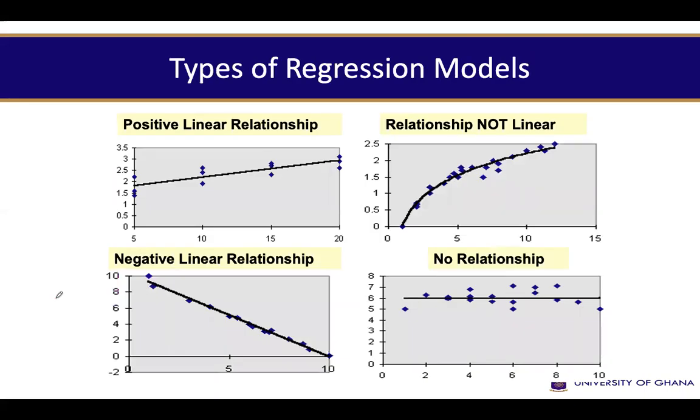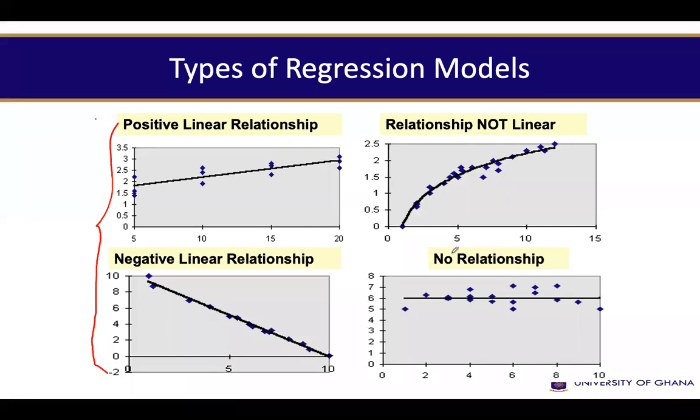Now, there are various types of regression models, and these types occur depending on the kind of relationship or the kind of model that we want to build. So we can have the linear relationships, the linear models, like the ones we have here. It can be negative or it can be positive.